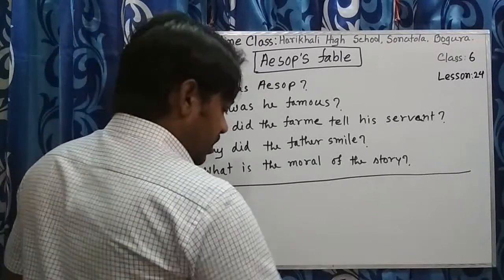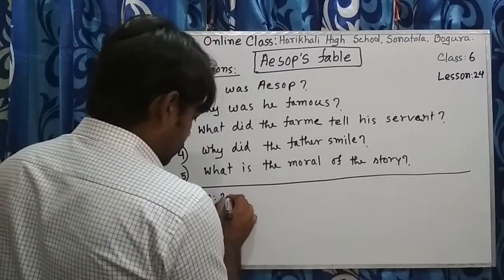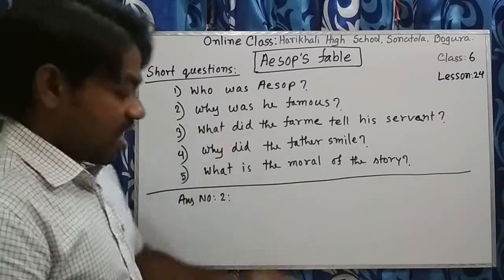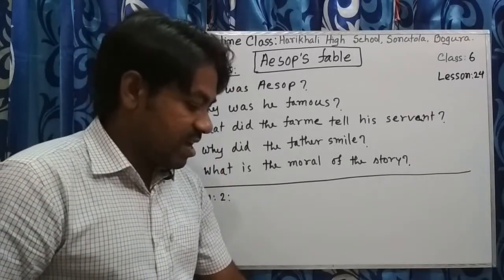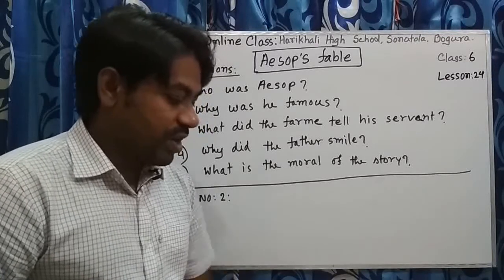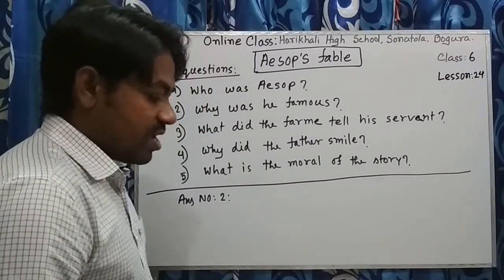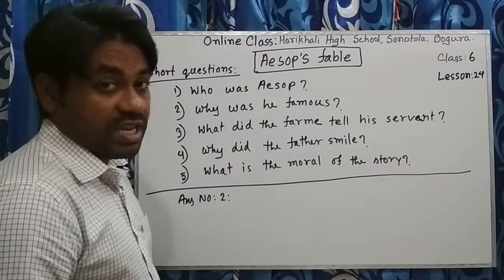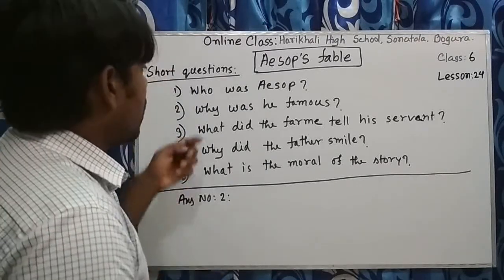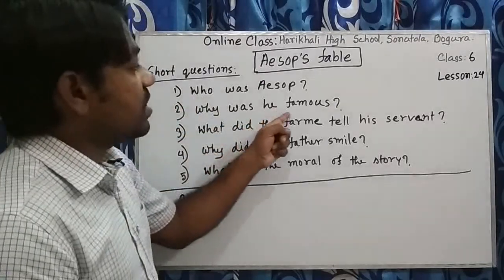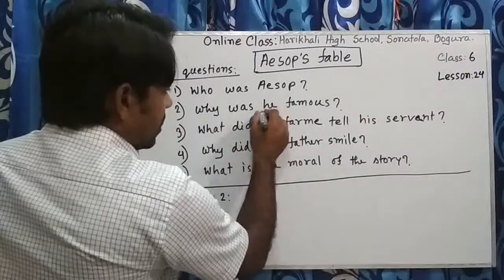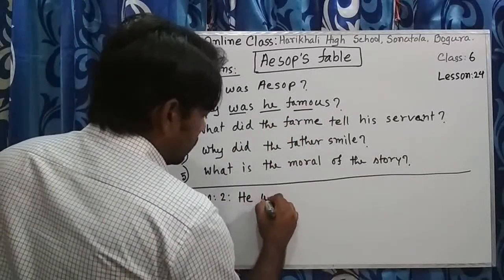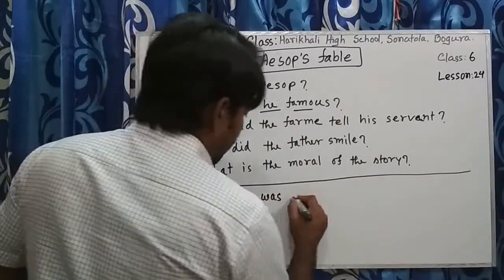Now, question number 2. Why was he famous? At the second line, we get the answer. He became famous for the fables he told. Why was he famous?